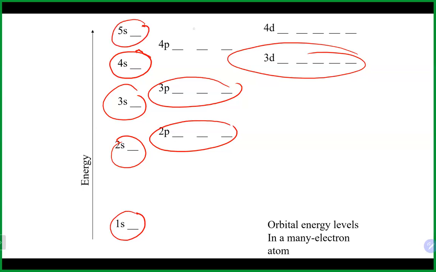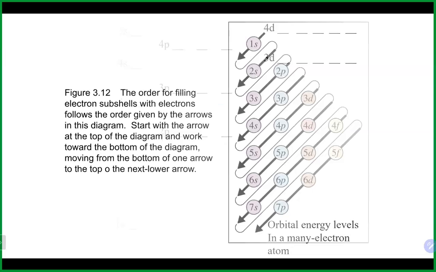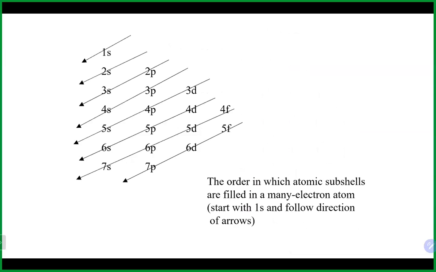We go to the 5s and then drop back to the 4d. So there is a change in the order because of the presence of a bunch of electrons at once. Those orbitals actually shift energy levels, and it affects the filling order at which electrons go in.